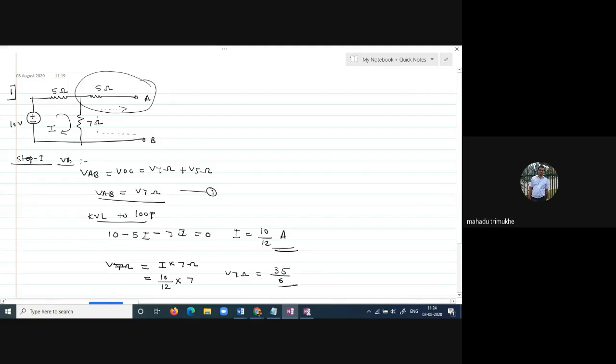So V7 ohm is nothing but VAB, which is your VTH, that is 35 by 6. You will get about 5.83 volt. That way you have to find VAB. That is our step number 1. Is this clear?